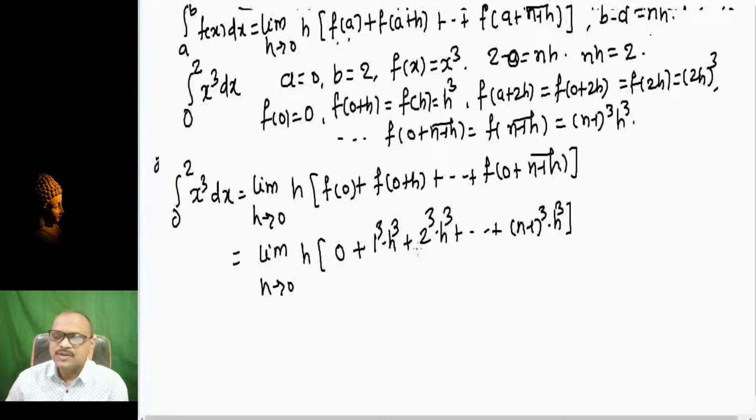The first term is 0 and every term of this sum contains h cube. Hence we can take h cube common.